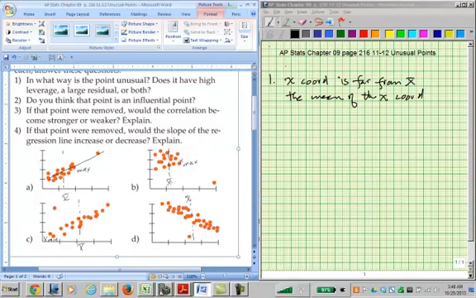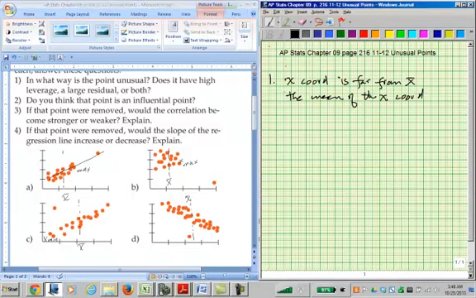So this is a very important thing to consider, because it answers this question. The x-coordinate is far from x bar, the mean of the x-coordinates. Therefore, the point has high leverage. It is this characteristic, the x-coordinate is far from x bar, that gives a point high leverage.